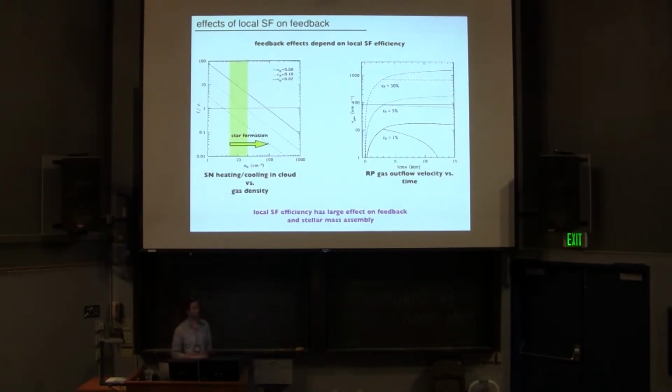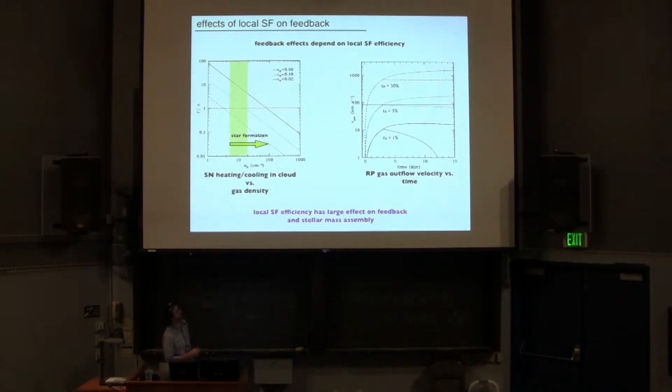And here's why that may be important for the galaxy properties. Here's the heating over the cooling rate as a function of star formation threshold. You can see here that as you go to lower efficiencies, the different lines, you get into the regime where you're not heating the gas to temperatures where it can overcome the cooling. So the energy is radiated away.